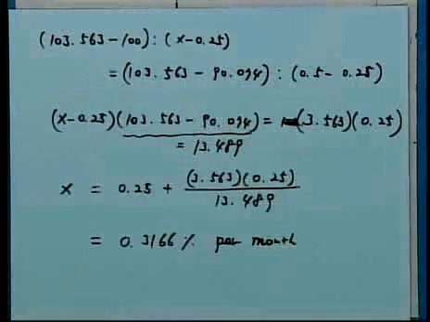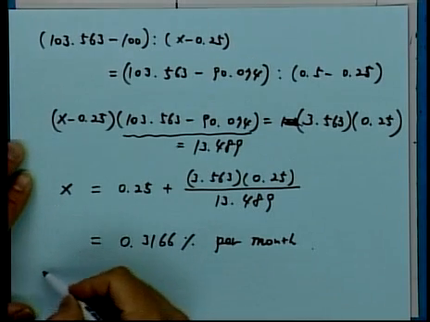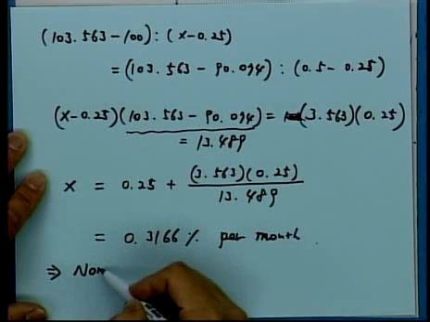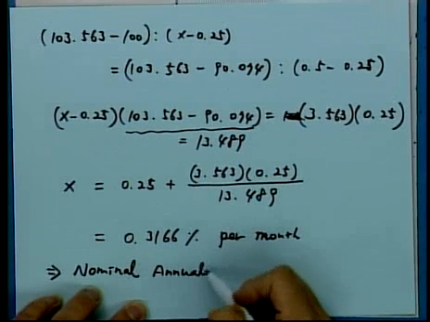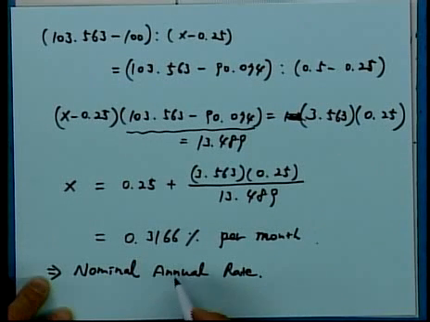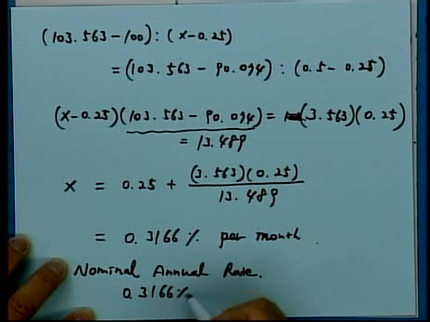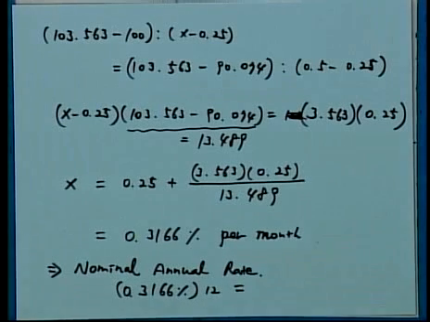And what is the question? It's been asking the rate of return in terms of nominal annual rate. So we need to get the nominal annual interest rate. How do you get it? This, 0.3166% multiplied by 12, because there are 12 months in a year.